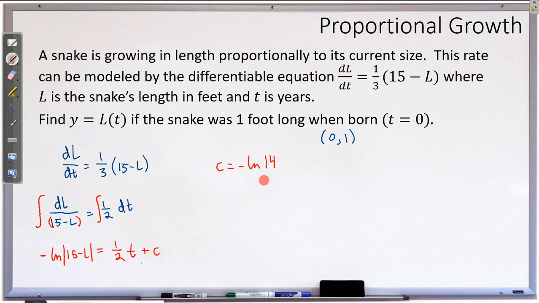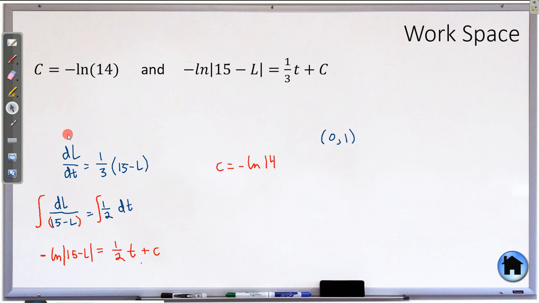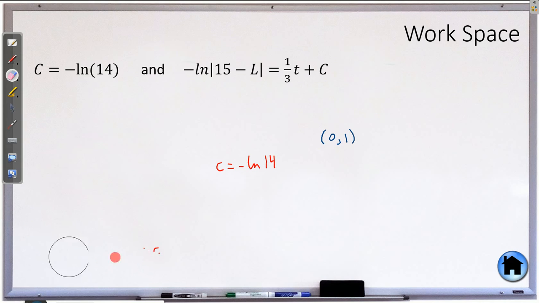All right, so let's start there. We have our c value, and we're going to plug in c. I'm going to clean things up a little bit. This is what we have so far. That is the value of c, and this is our equation. So we plug c in.